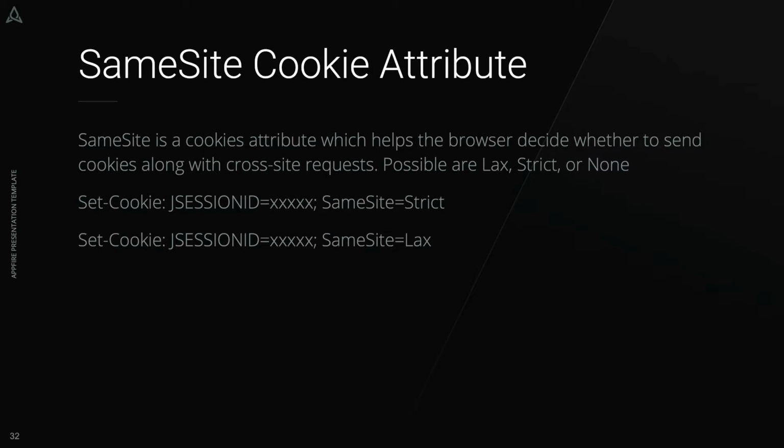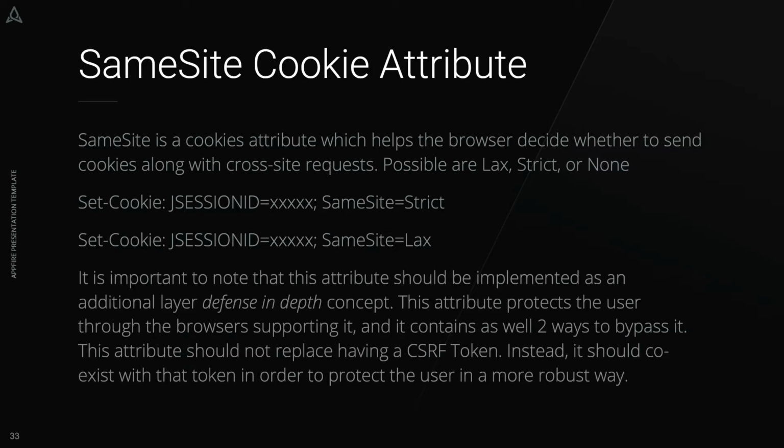If you don't use None, you will not be able to see the image. That's how it works. And I think it's a good thing, but the problem is that there are two known ways to bypass the strict mode. That's why OWASP doesn't recommend using this SameSite cookie attribute as the only means to prevent CSRF attacks. You should use other means.